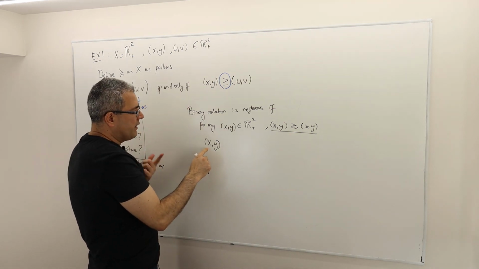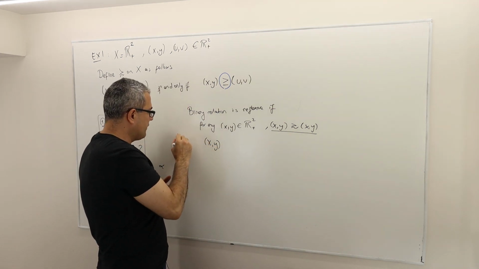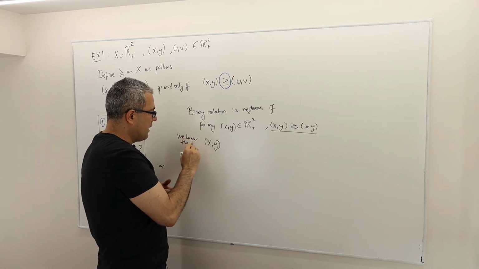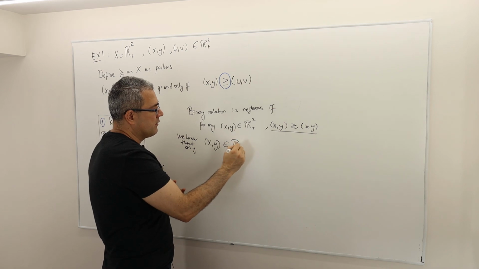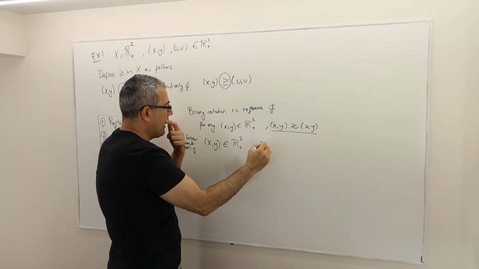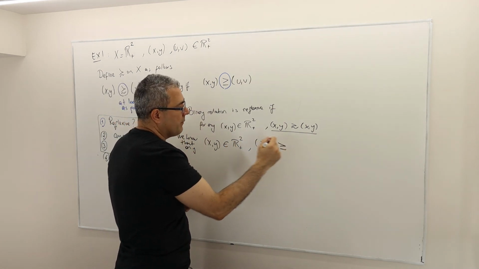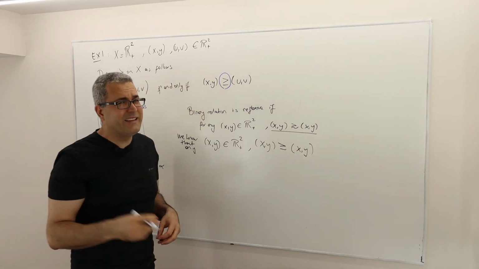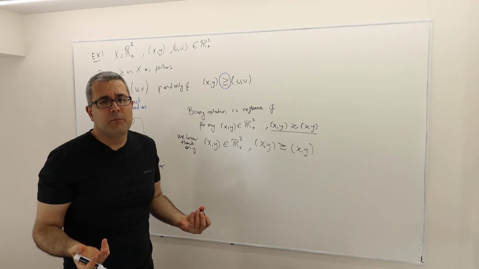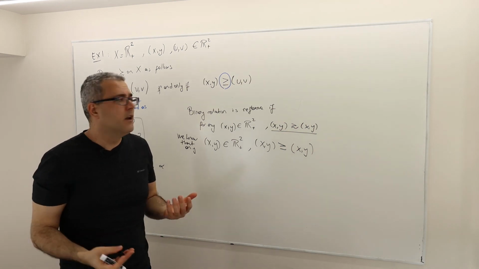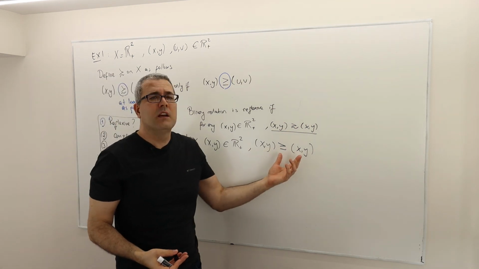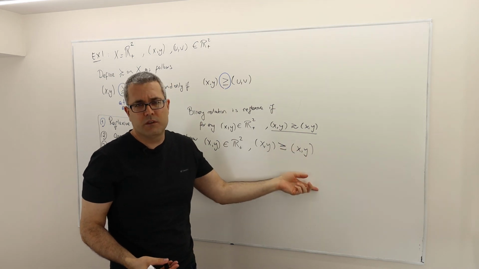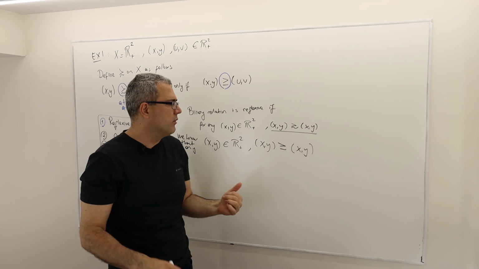What I know is that any xy in R plus square is greater than or equal to itself, right? I mean, it is equal to itself, but what does equal to mean? Equal to means the first is greater than or equal to the second, and the second is greater than or equal to the first, so therefore they're equal.